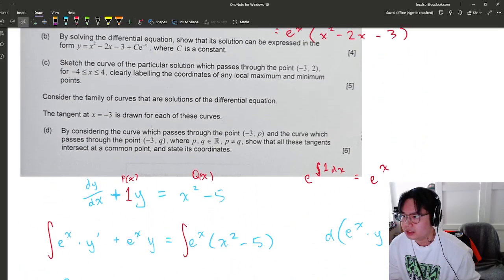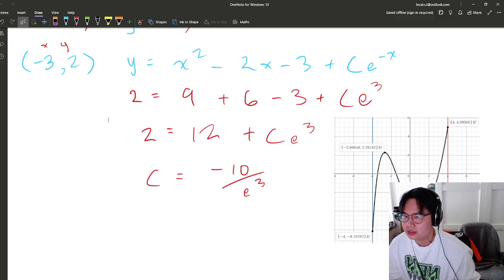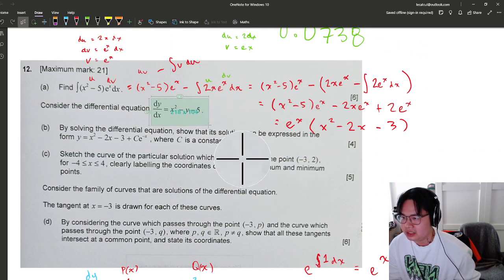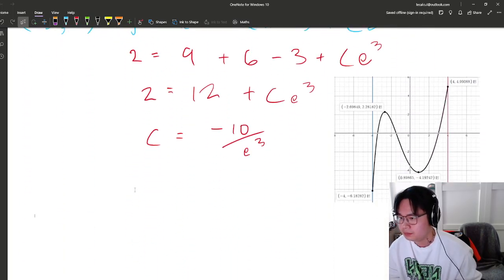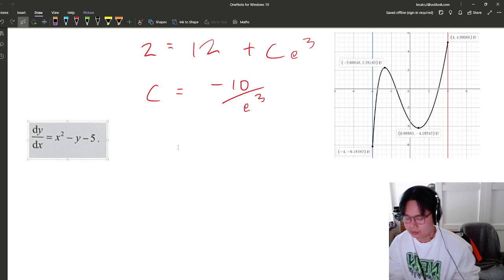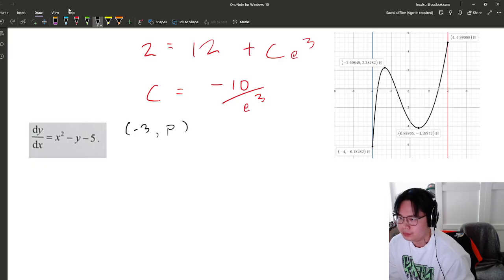So, where is my stupid equation? So here, right, is our tangent gradient equation. Then we have 2 points that represent 2 different lines. -3, p and, I can't change colors right now, -3, q.